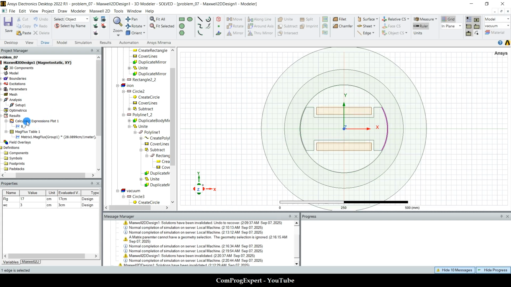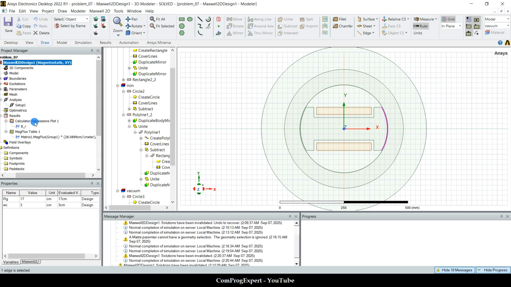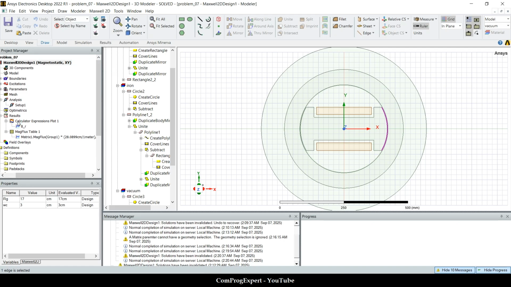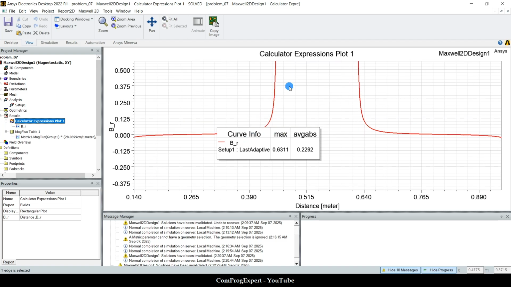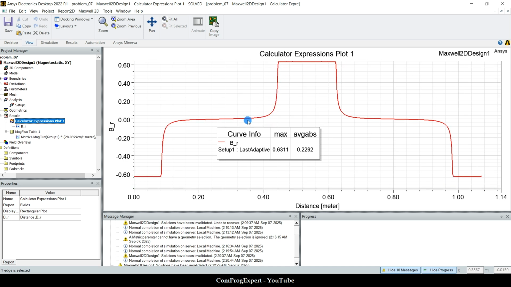And as you can see, how great this is for visualizing the data. In this ideal case, the waveform is rectangular, right? These sharp corners. But in practice, as you can see, this is not sharp. So maybe the difference that we have is because of this. Anyway, you can think about it.